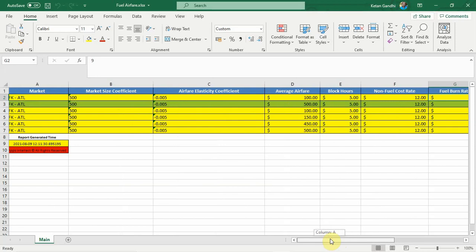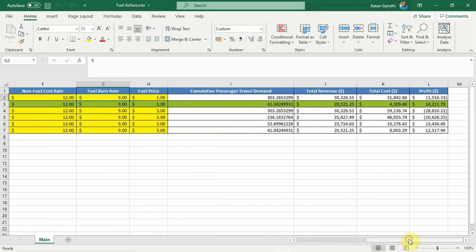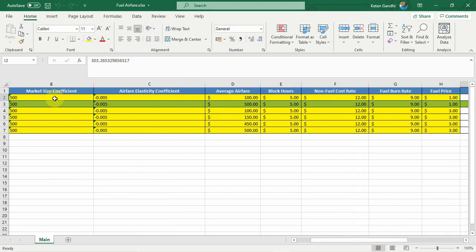Now the generated output is the cumulative passenger demand, total revenue, total cost, and total profit. The cumulative passenger demand is calculated by a formula: market size coefficient times e raised to the average airfare times the airfare elasticity coefficient.